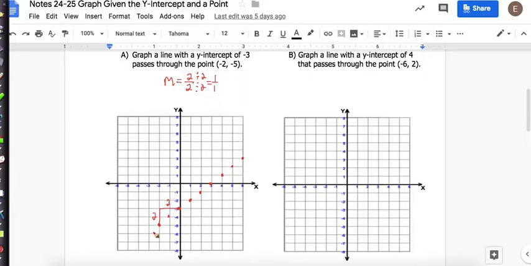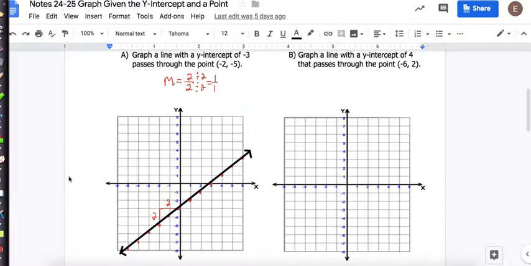So now I go down -1 over -1, down -1 over -1, and down -1 over -1. So now take your ruler and connect the points and put arrows on both ends to show that it's a line.